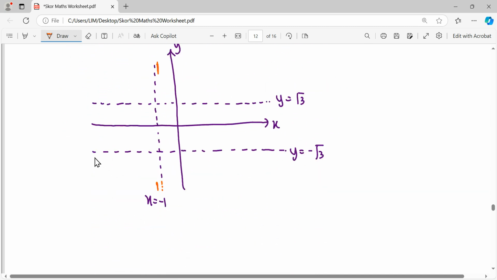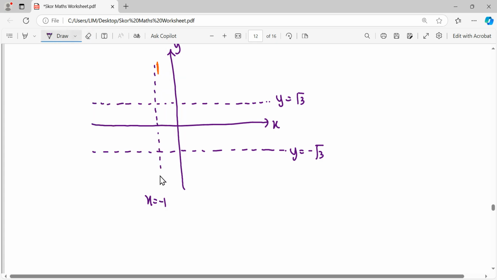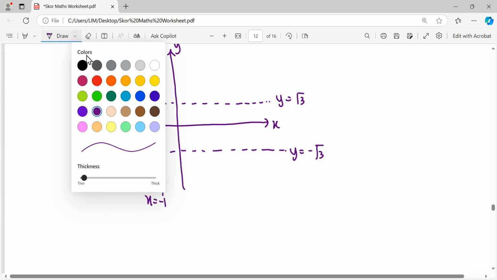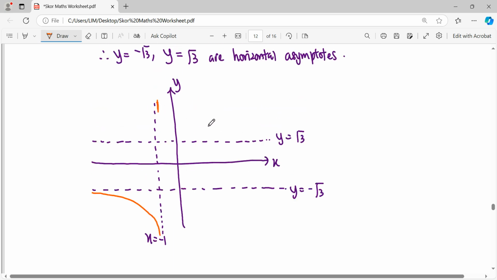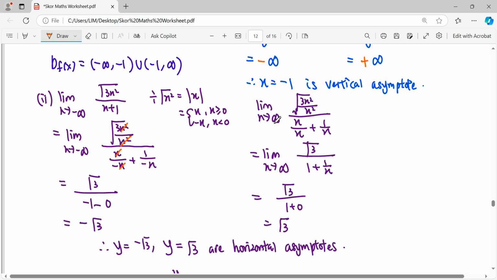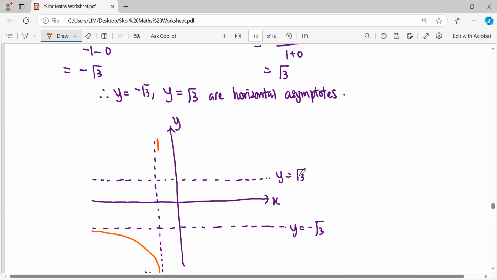So we can see here our curve going to the left hand side approaches -3. So when I want to draw the graph approaching positive infinity, it will approach asymptote 3.